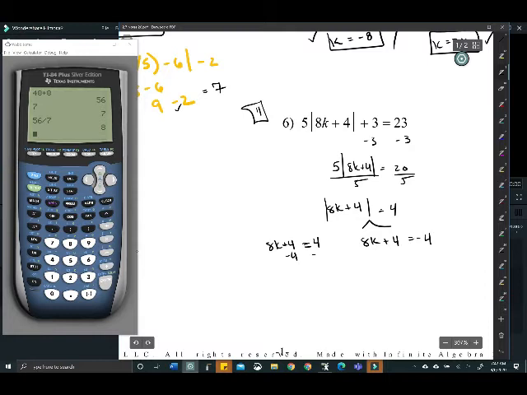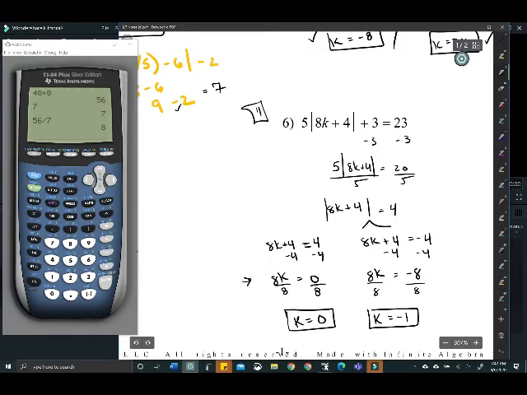We'll subtract 4, so it's 0 is equal to 8k. This is a good one. Minus 4 minus 4. Negative 8 is equal to 8k. On this particular side, we'll divide by 8. 0 is divisible by 8. It is just 0. So again, don't be afraid of 0 as a solution. k is equal to 0. On the other side, it looks like we'll get k is equal to negative 1.